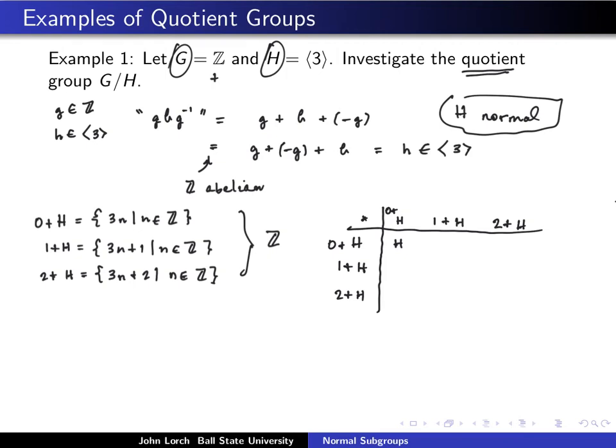Okay, now 0 plus H together with 1 plus H, that gives us, according to our operation on cosets, 0 plus 1 plus H, which is just 1 plus H. And that goes here, and likewise here, and similarly here, and here. Remember that the coset H itself is the identity in our quotient group.